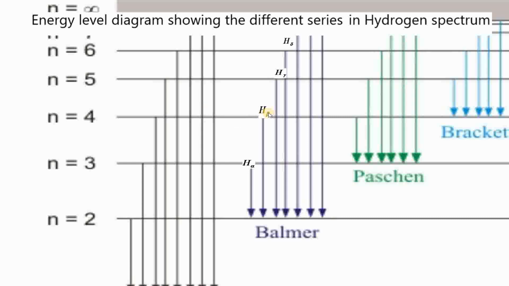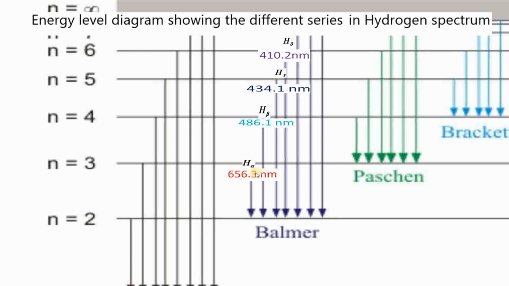Now the wavelengths are also shown here. The wavelength of the H alpha line is 656.3 nanometer. The wavelength of the H beta line is 486.1 nanometer. The wavelength of the H gamma line is 434.1 nanometer, and the wavelength of the H delta line is 410.2 nanometer.